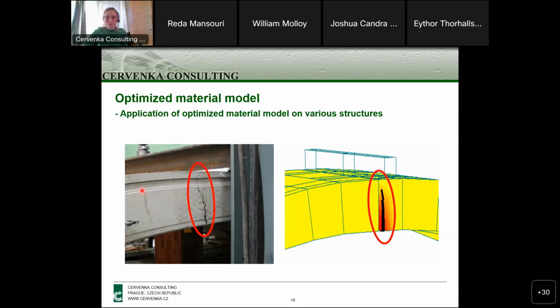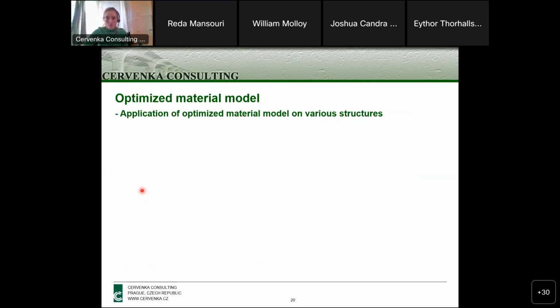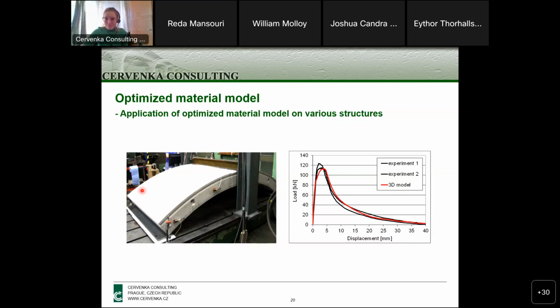So on the more complicated structures, you can apply it at the moment when you have validated that material model. This is one of the examples when you have experimental results, and you can really tune it with the model.